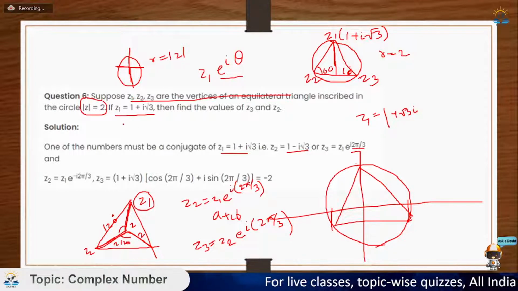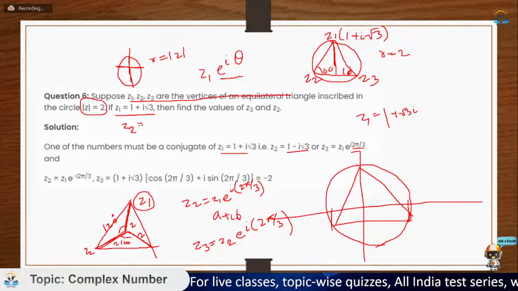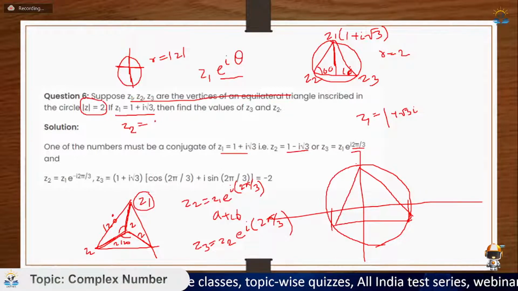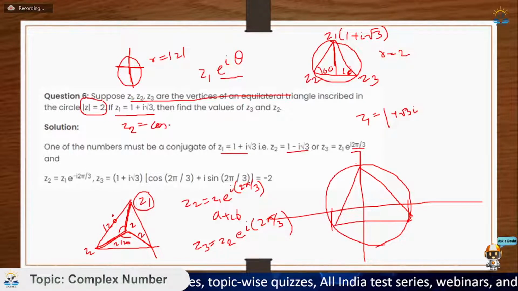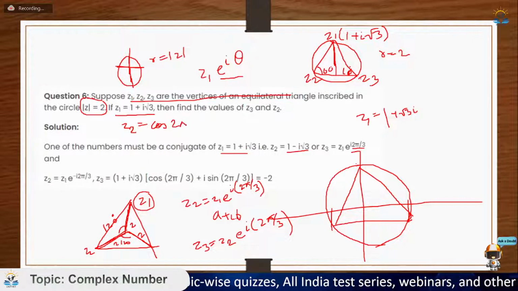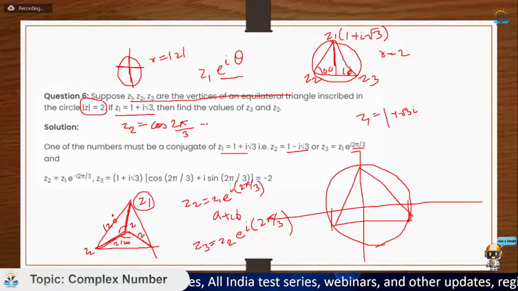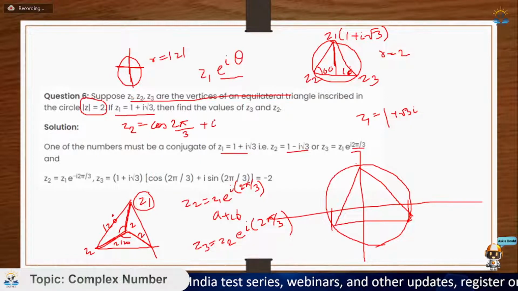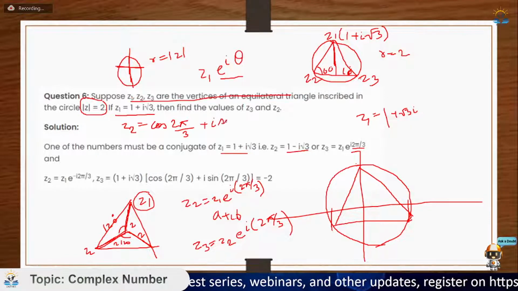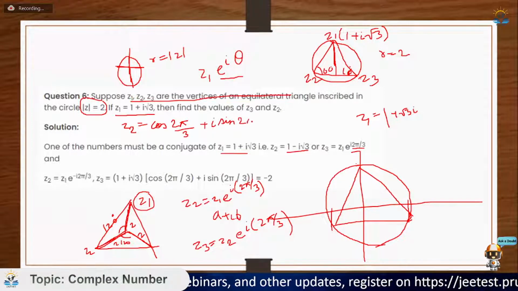So if z1 is equal to this, then z2 is equal to this multiplied by e power iota 2 pi by 3. E power iota 2 pi by 3 is nothing but cos 2 pi by 3 plus iota times sine 2 pi by 3.